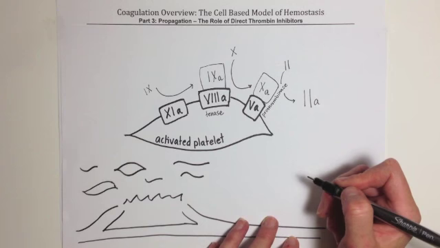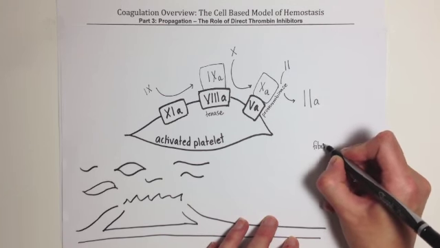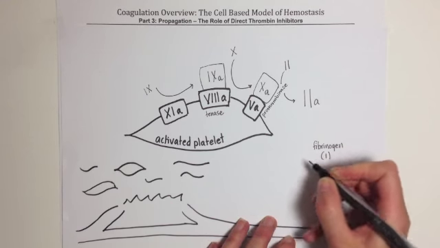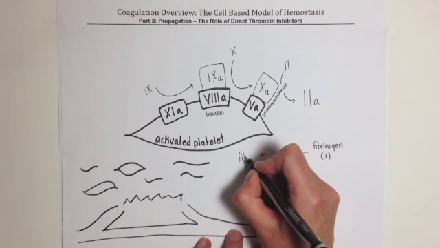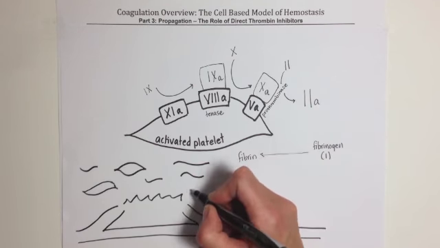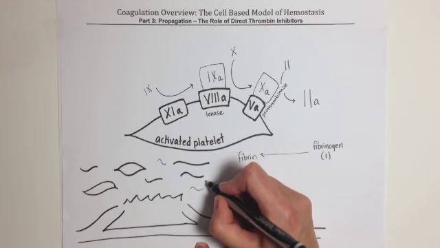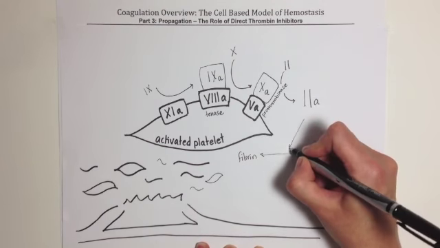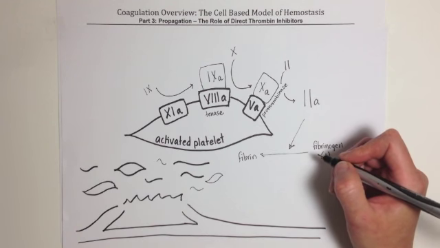Thrombin then, most importantly, converts fibrinogen, also known as factor 1, to fibrin. And fibrin begins to form along with more platelets to begin to form a fibrin clot.